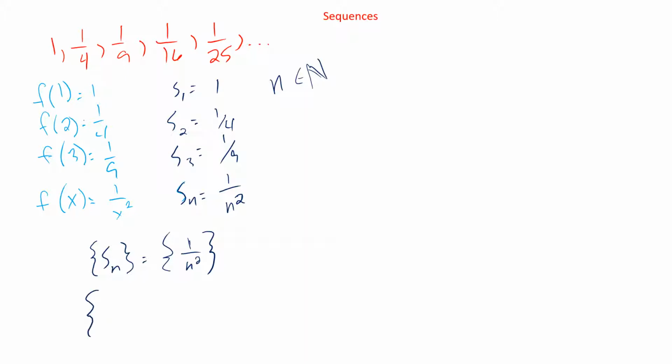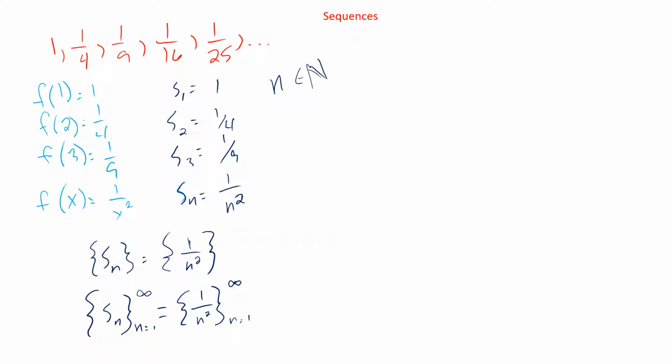So this would be s_n from n equals 1 to infinity, which is what it is if you don't specify anything. But we could say s_n from 1 to 5, which means we wanted the first 5 terms. It would go right over here too: 1 over n squared, n equals 1 to infinity.